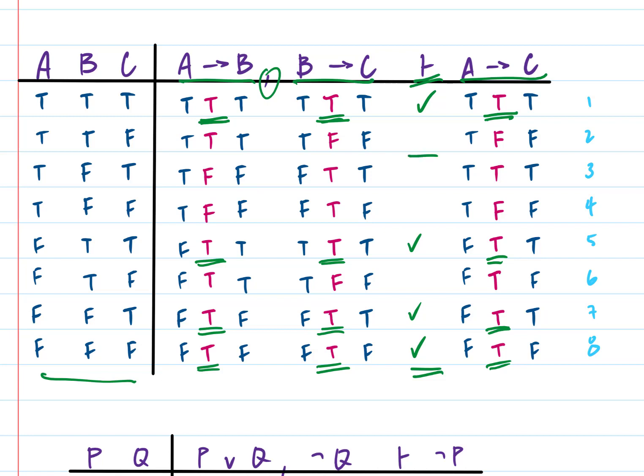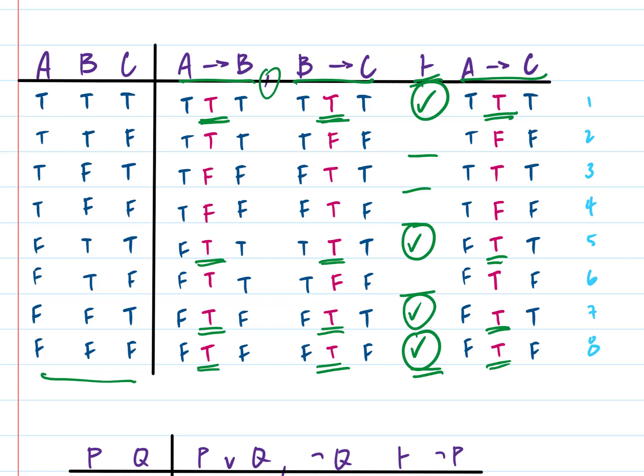Okay, so just one more thing. We actually do need to fill in these spaces here, so we can just make a note for ourselves. You won't do this in Carnap, but lines 1, 5, 7, and 8 are, let's say, our super good lines. Those are the cases where the premises are true and we had to check and we found that the conclusion is also true. On these other lines, the premises are not all true, so it's not violating the definition of valid, so in a sense it doesn't really matter.